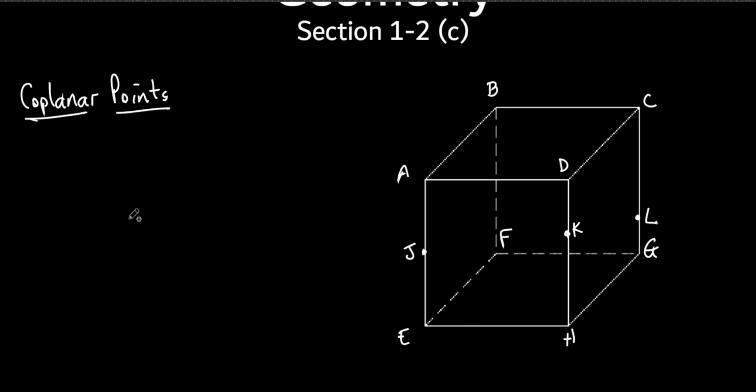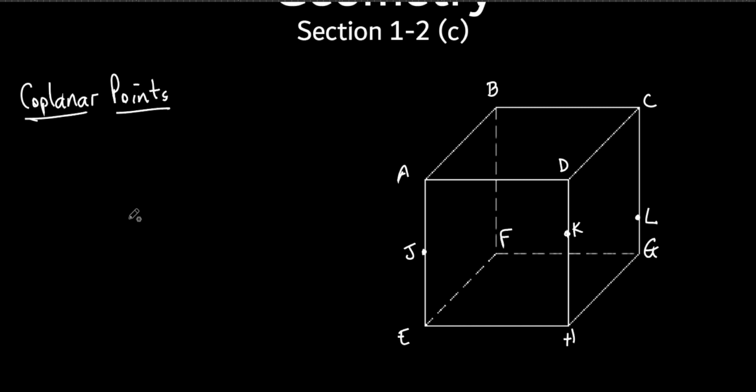So let me give you an example, just a visual example of coplanar points. So watch. This piece of cardboard I'm showing right here represents a plane. So if I talk about points that are coplanar, that means they lie on the same plane. So if I had a point here, I'm not going to draw it, just point to it. If I have a point here, and a point here, that means they're in the same plane.